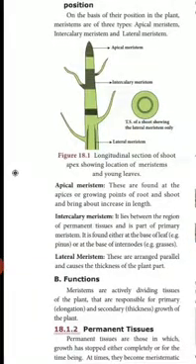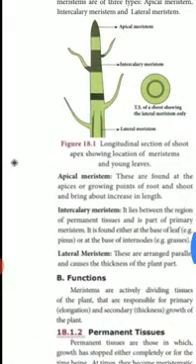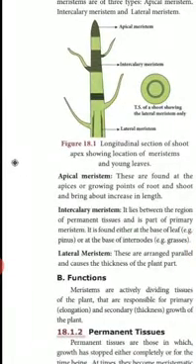Next one is intercalary meristem. Intercalary meristem is found in between regions of permanent tissues and is a part of the primary meristem. It means after the apical meristem comes the lateral meristem, and after the lateral meristem, the meristem becomes permanent tissue.